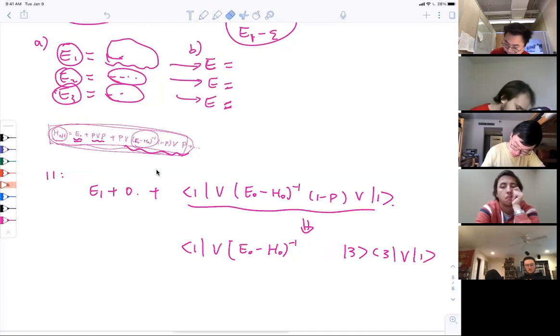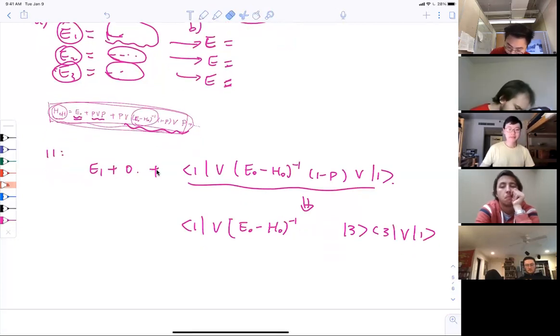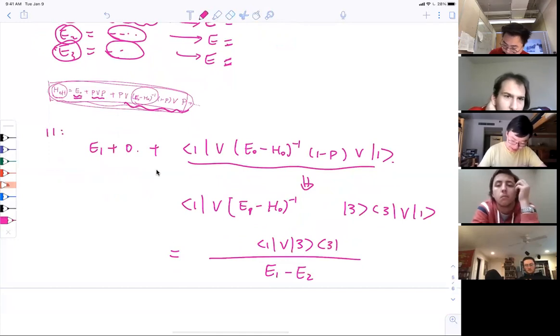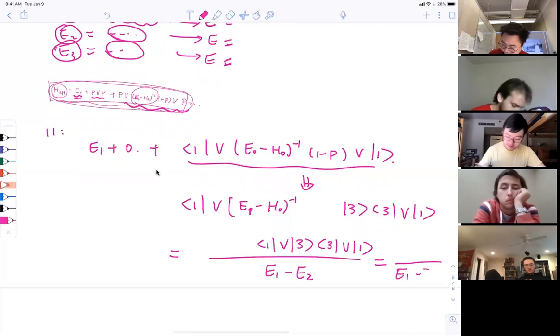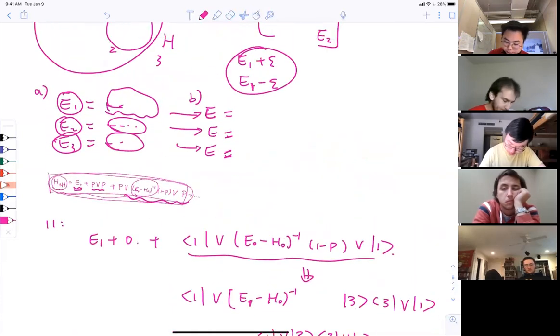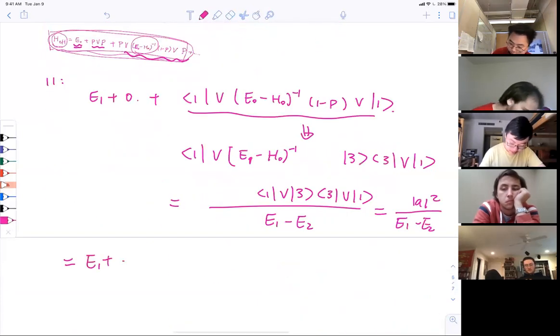And I can erase this 1 minus P. And this is 1. So it's nothing but E1 minus E2, E1 V 3, 3 V 1, which is E1 minus E2 A squared. So the first element of my effective Hamiltonian is given by E1 plus E1 minus E2 A squared.